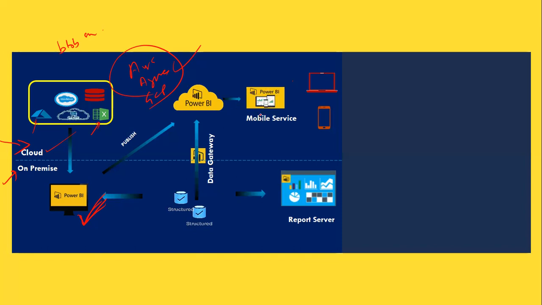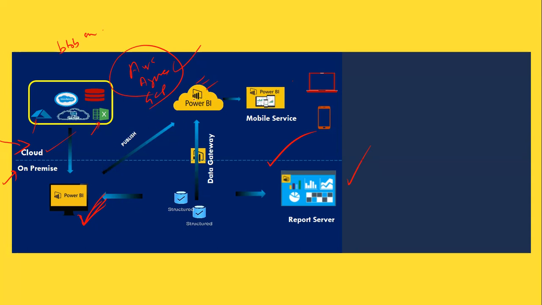Okay, and the next one is the report server. Whatever you can do with Power BI cloud, you can do the same thing here. So in Power BI cloud service, you can share the reports, or you can enhance the existing published report, or you can create a new report also. But you cannot do data modeling here. Once you publish the report, you can do enhancement, everything.